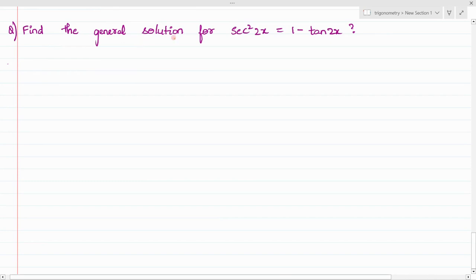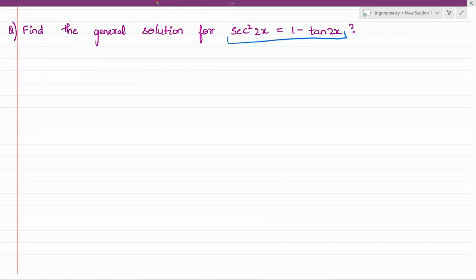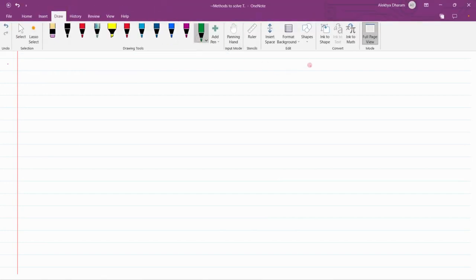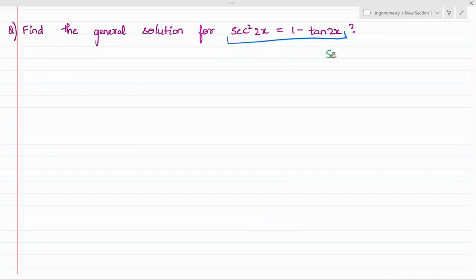In this question, we need to find the general solution for this equation. We know our identity that is related to secant and tan, right? We can write secant square x as 1 plus tan square x.